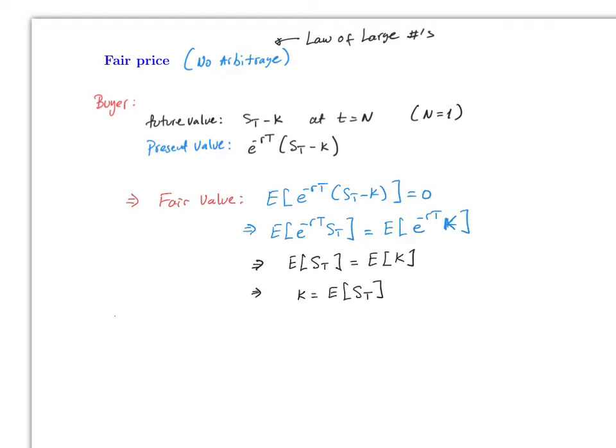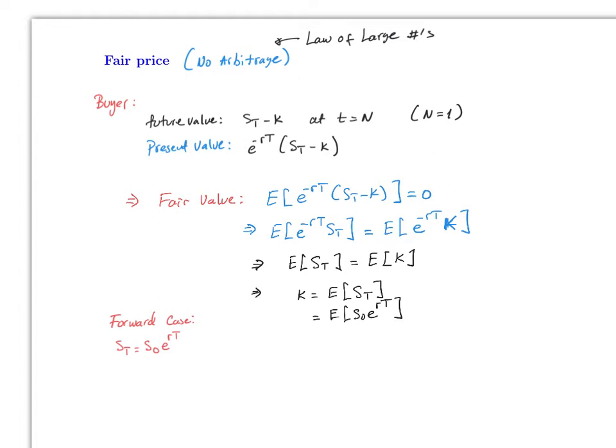Now, in the forward case, remember that here S_T is equal to S0 e to the rT. Therefore, this will be equal to the expected value of S0 e to the rT.